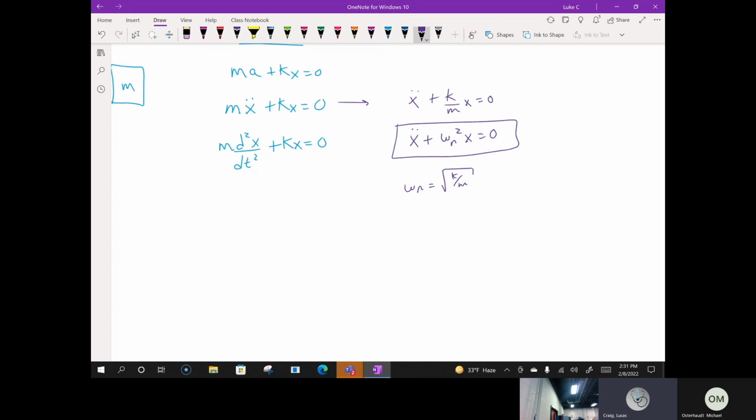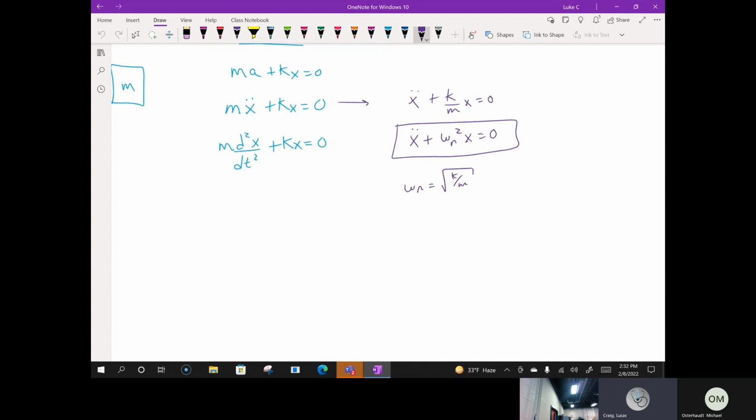In vibrations, we do this. Anything in front of the double dot, we take whatever coefficient and we divide by that. Okay? And this becomes a non-dimensional equation of state. That's what they call it. Okay? And it has omega n, which is the natural frequency.